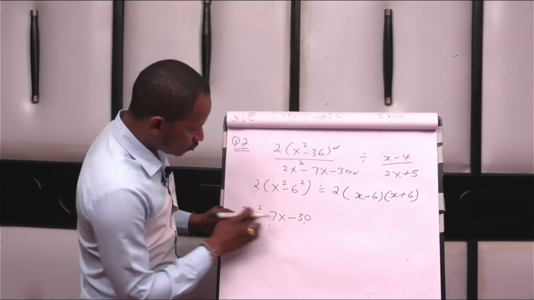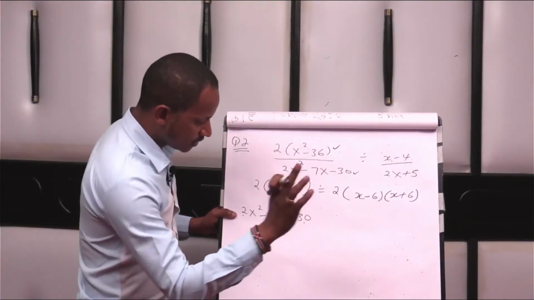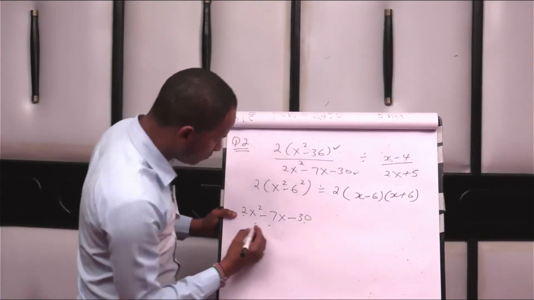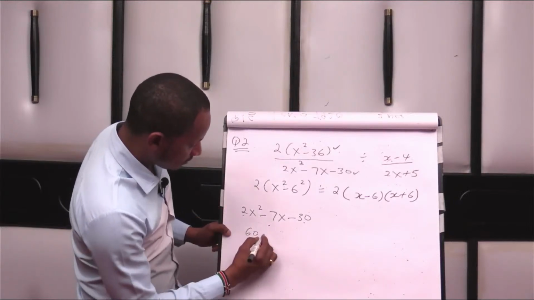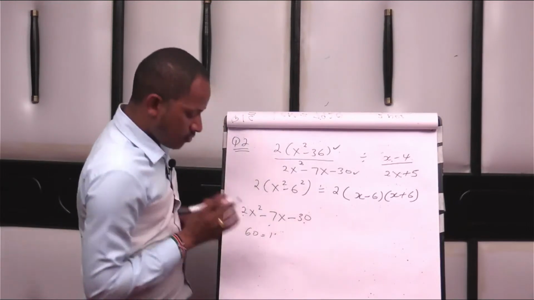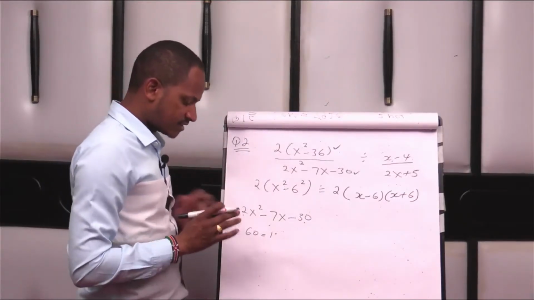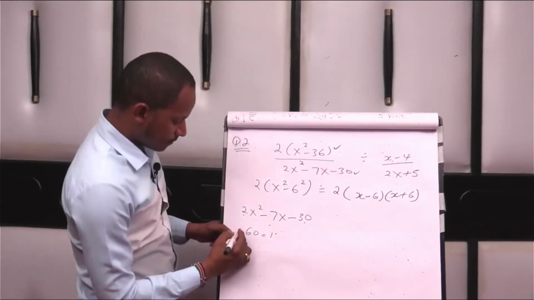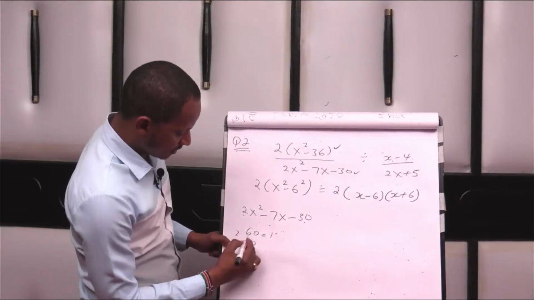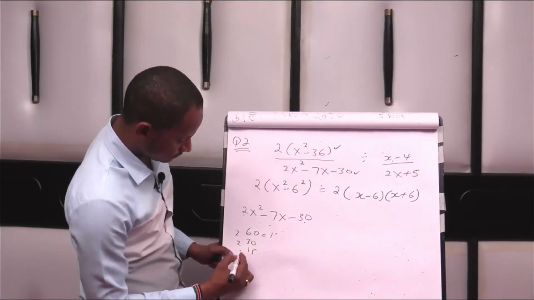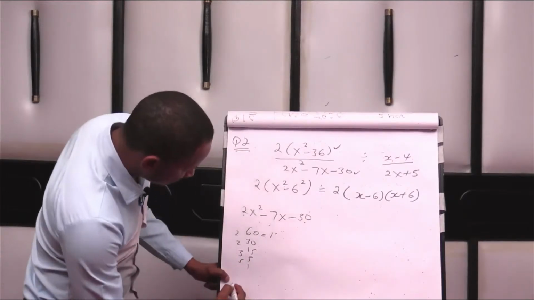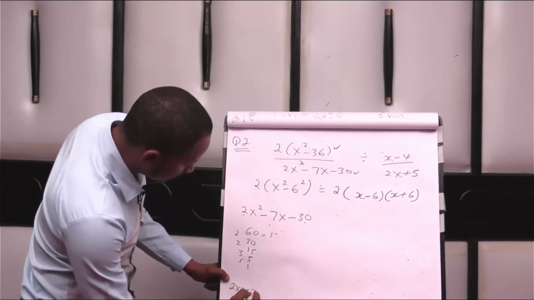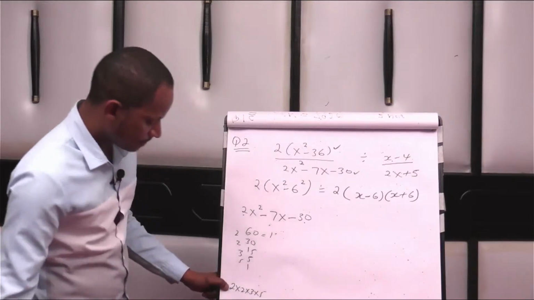So you multiply 2 times 30, you get 60. The easiest way to do it, first of all, get the factors of 60. So 60, 2 here 30, 2 here 15, 3 here 5, and 5 here once. So factors of 60 are 2 times 2 times 3 times 5.